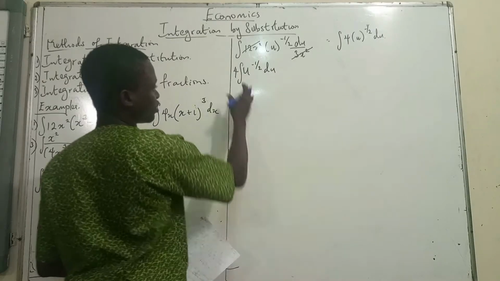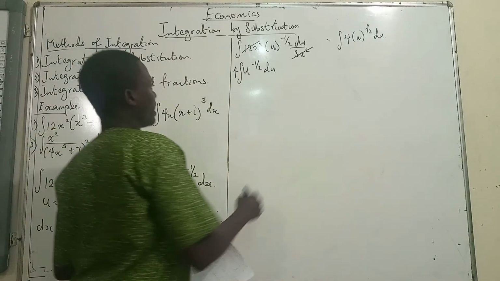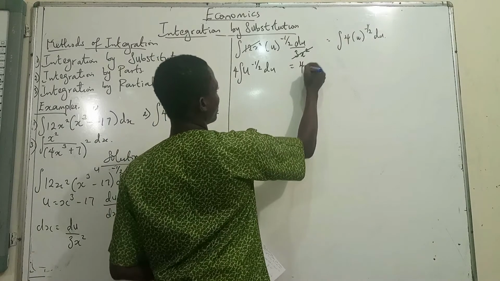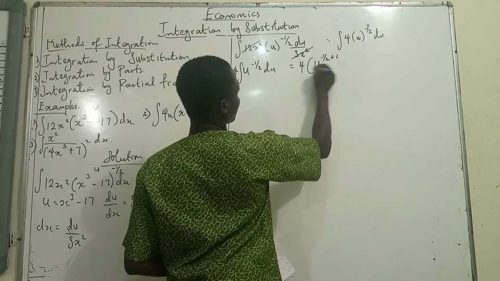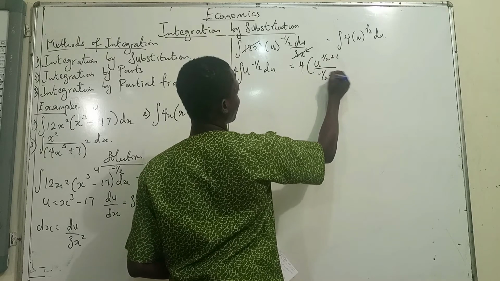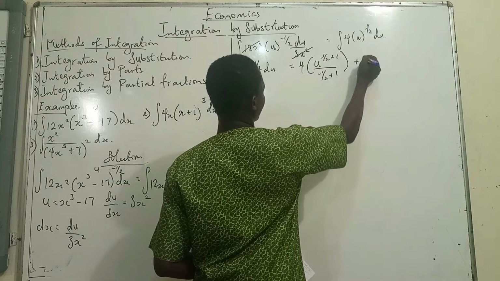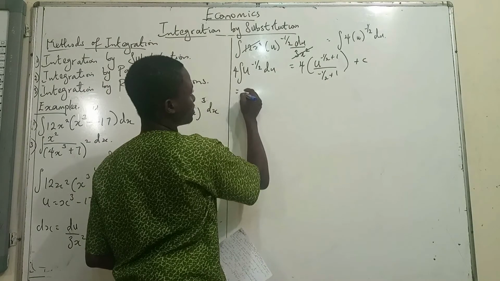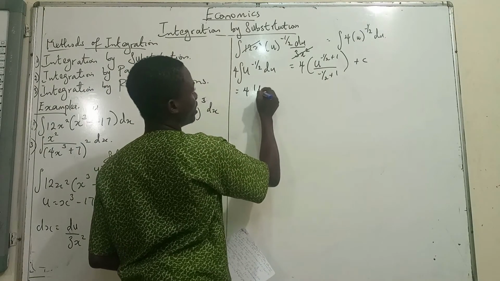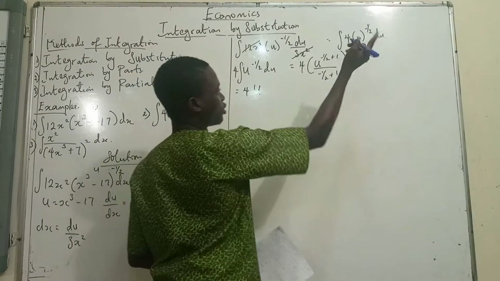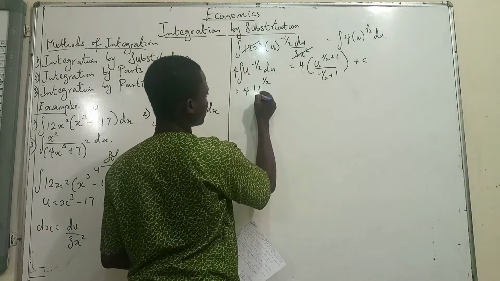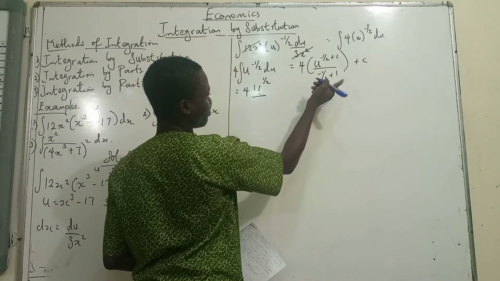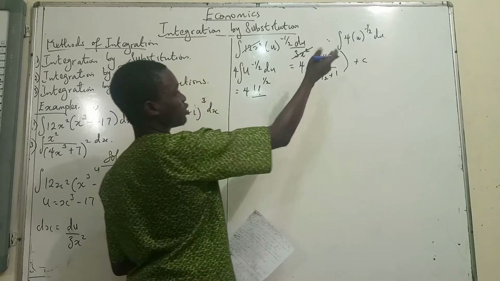Basically this comes from one of the rules that we learned, and it gives us 4 into brackets u raised to power minus half plus 1, divided by minus half plus 1, plus c. That gives us 4u raised to power half, divided by half, plus c, since minus half plus 1 is half.